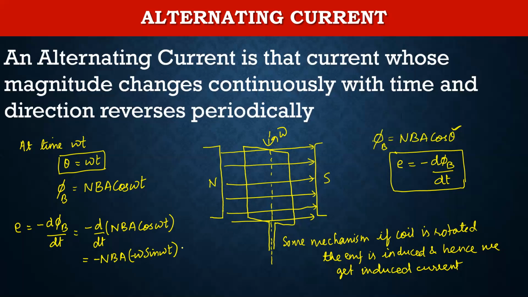So here we got the result as NBA omega sine omega t. From this equation we observed that if I change omega t, or the angle between the magnetic field and the area vector of the loop, EMF changes.